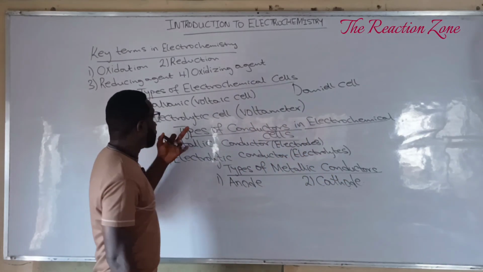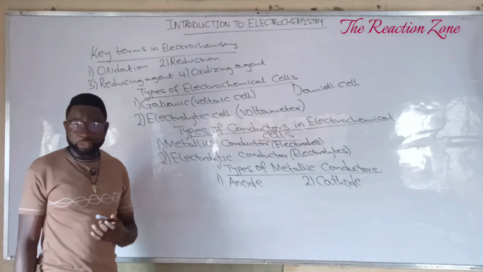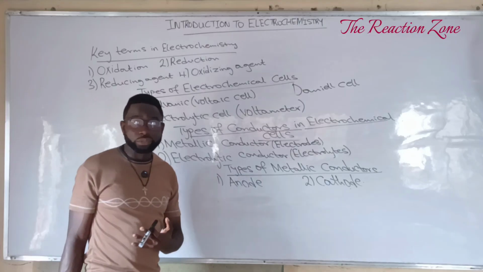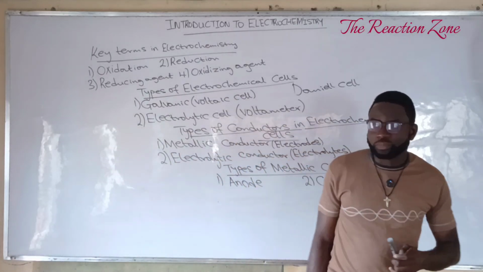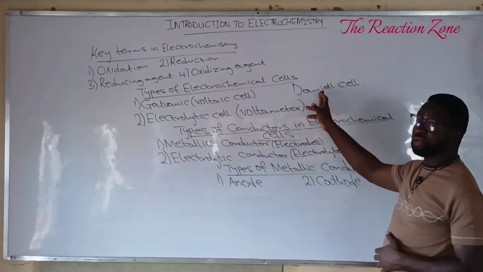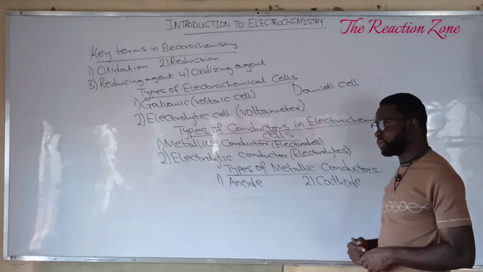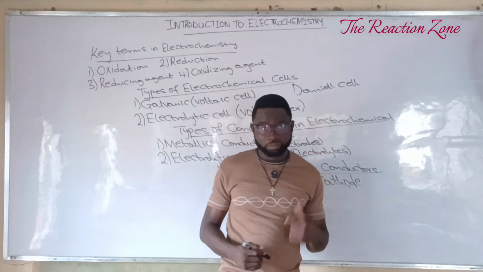And in an electrolytic cell, the anode is the positive electrode and the cathode is the negative electrode. An example of a galvanic cell is the Daniell cell. Several other examples are still going to come across in subsequent episodes of this topic.